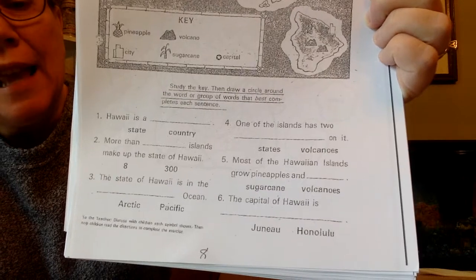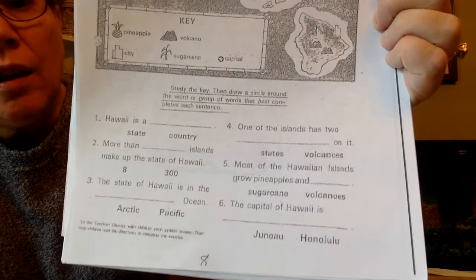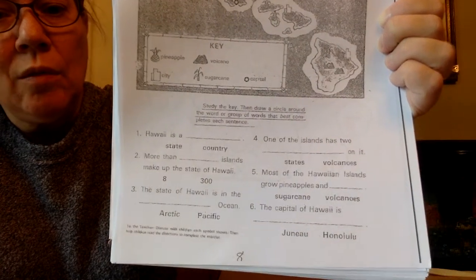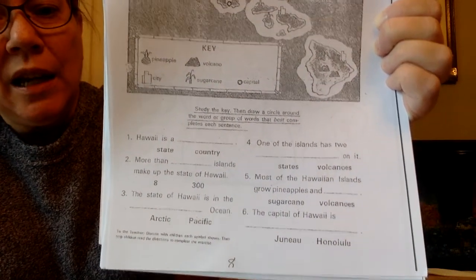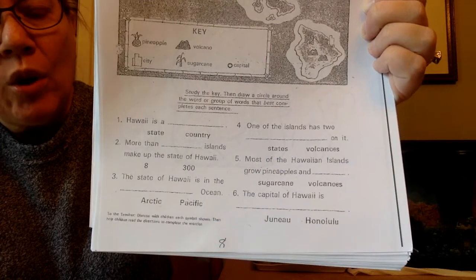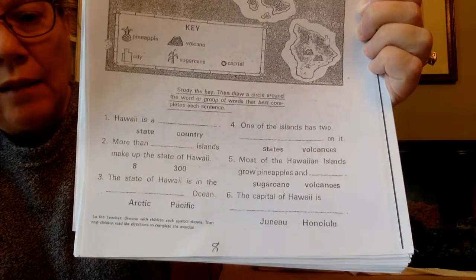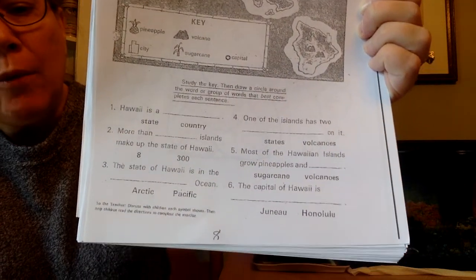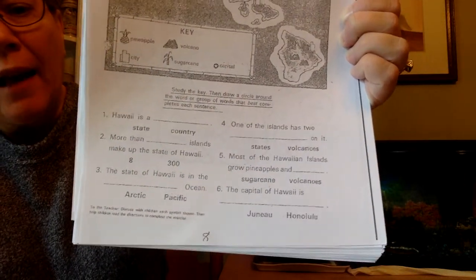So Hawaii is a state. Okay? Don't let number 2 trick you. Read carefully, and when you're finished, we'll look at page 9. So you may pause now and finish page 8, or we can look at page 9 and then you can go back and finish page 8.